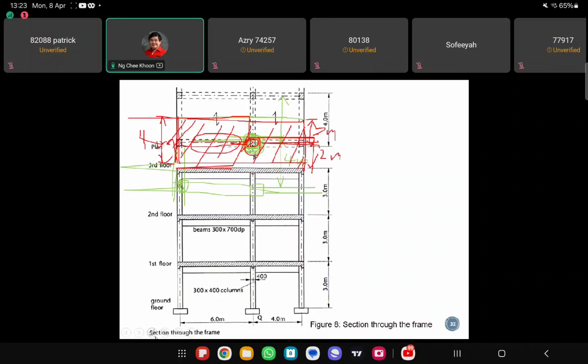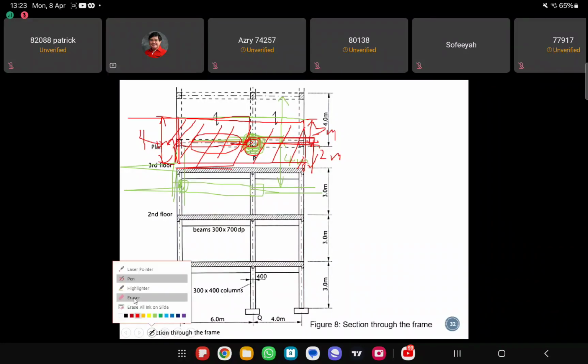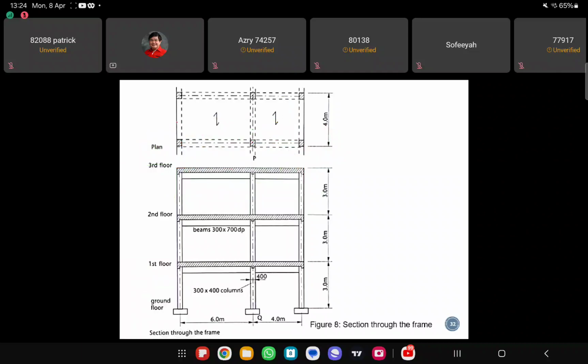Okay, let me explain another time. Just now we said that the total area that is going to be transferred the load is 4 meter width. So this is 4 meter. First we calculate how this load is going to be transferred to the beam.